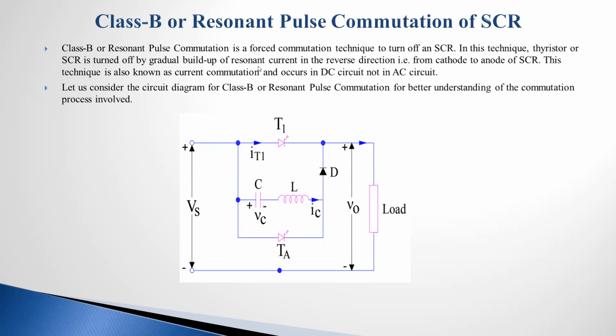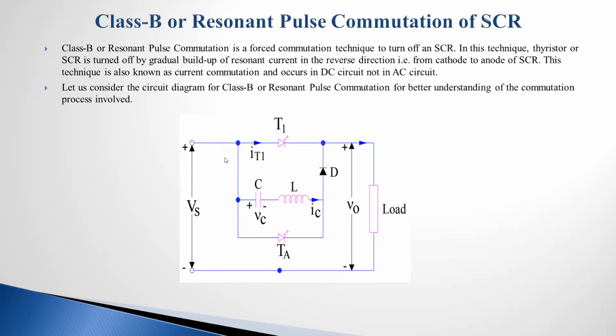Resonant current means by using the resonance elements, maybe L and C, we can build the resonant current in the reverse direction, from cathode to anode of the SCR. So this technique is also known as current commutation and occurs in DC circuits, not in AC circuits. This class B commutation is used for DC circuits only.